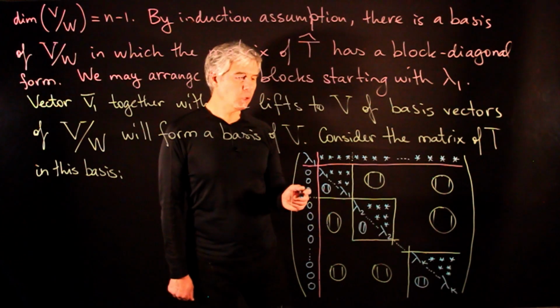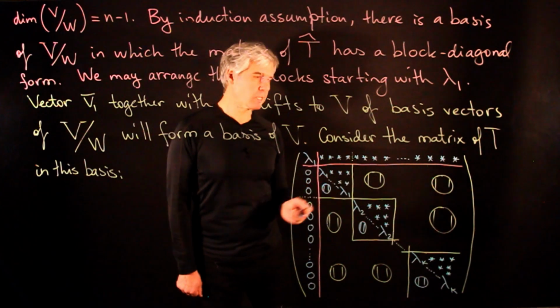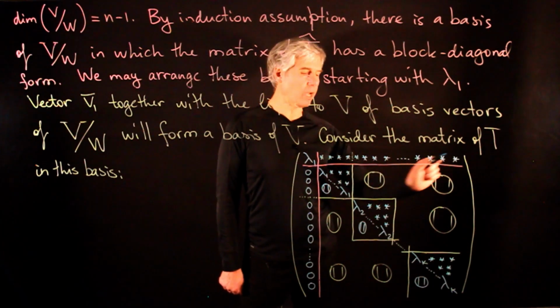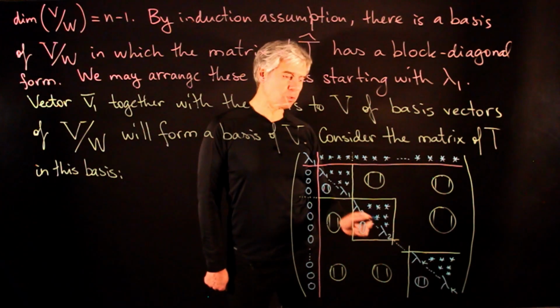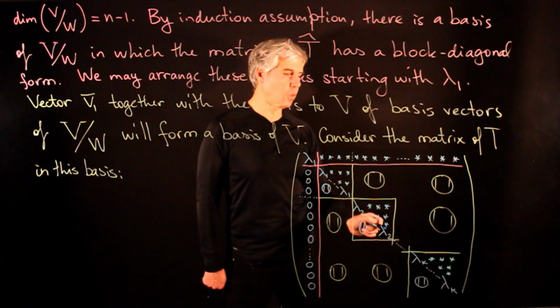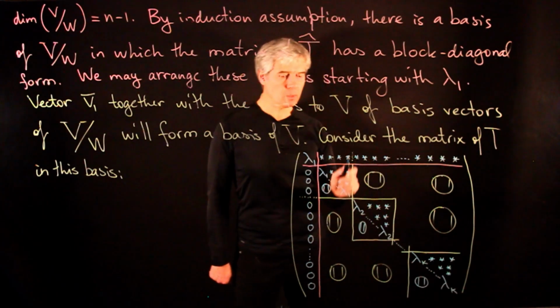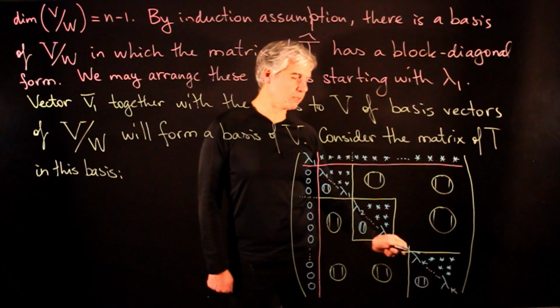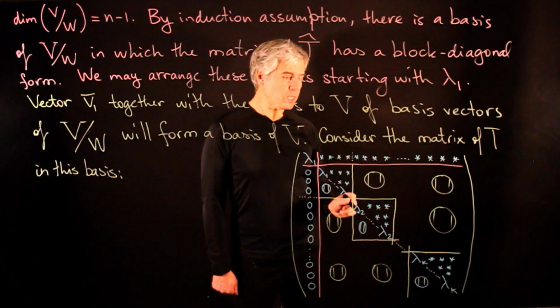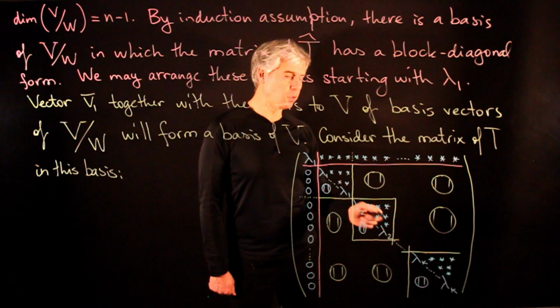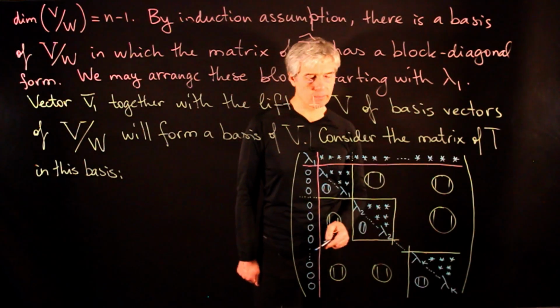To obtain a block diagonal form for the whole matrix, we need to eliminate the entries in the first row above the blocks that correspond to eigenvalues different from lambda 1. So if we can create here a string of zeros, then we will obtain a larger block diagonal decomposition. This will be done by adjusting bases corresponding to each of these blocks.